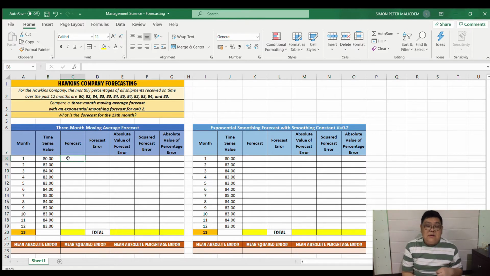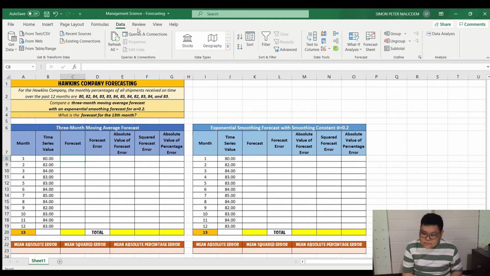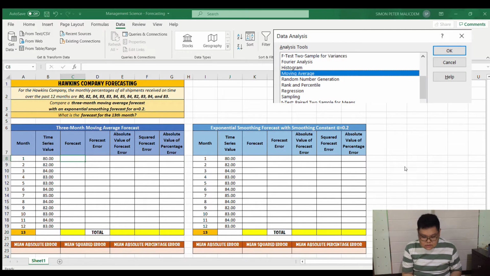So when we are going to solve for the moving average, we're going to utilize data analysis. So go to the data tab. Here is the data tab. Go to data analysis. Find moving average. This is moving average.